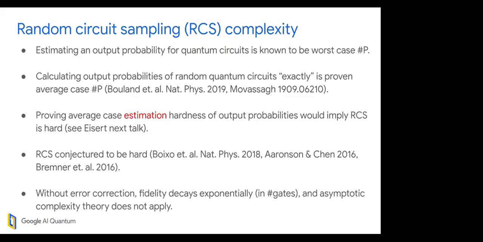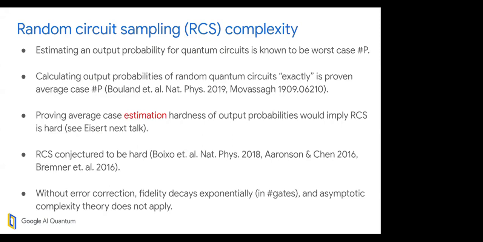Nevertheless, I would like to note that without error correction, the fidelity in an experimental quantum processor when executing this sampling problem decays exponentially in the number of gates. So complexity theory doesn't really apply, because asymptotically we just have fidelity zero.